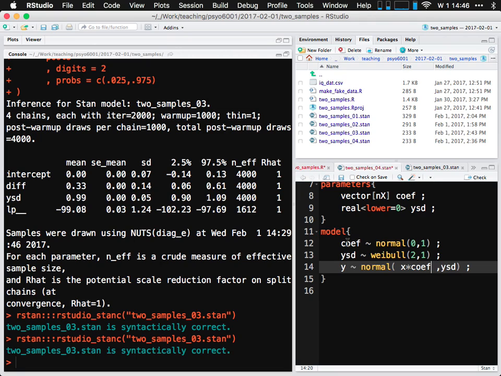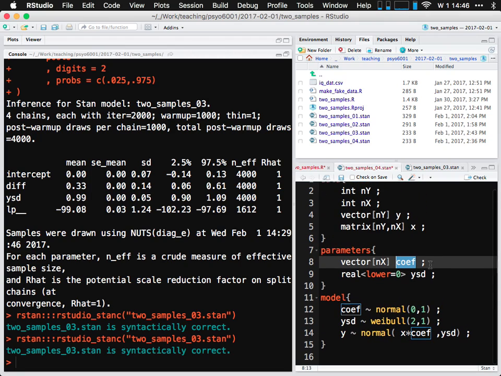So the first entry in this thing called coef is going to contain the value for the intercept, and the first column in X indicates which entries have to have that value added to them. Well, it's an intercept, so all of the entries have to have that value added to them.